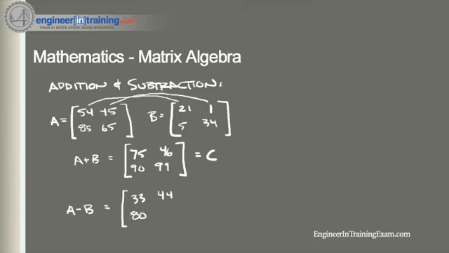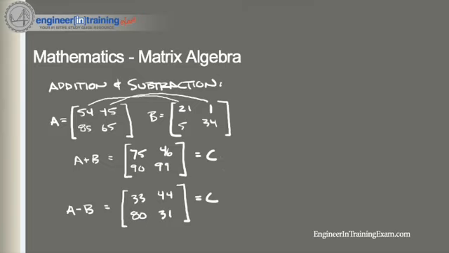And 65 minus 34 is 31. So now that's C or D or whatever letter you want.